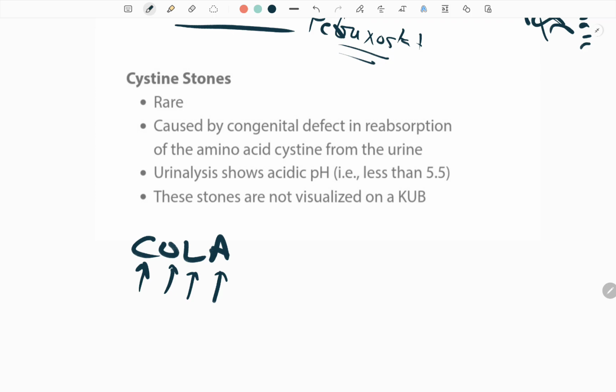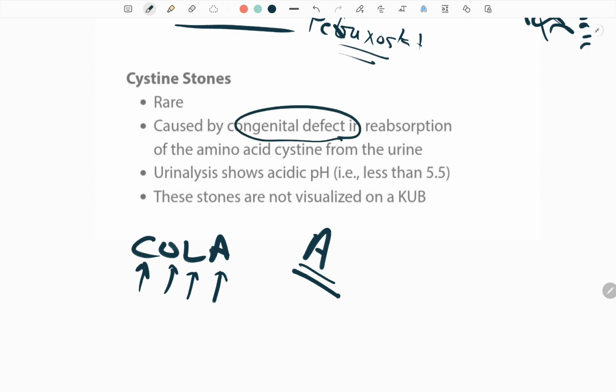And this is an autosomal recessive inherited defect that we talked about in the first video when we covered the overview of the kidney stones.